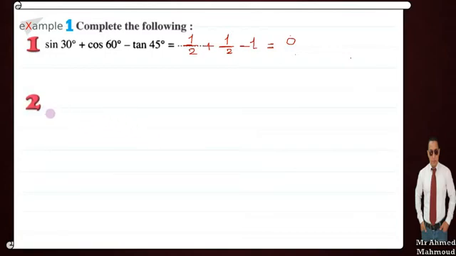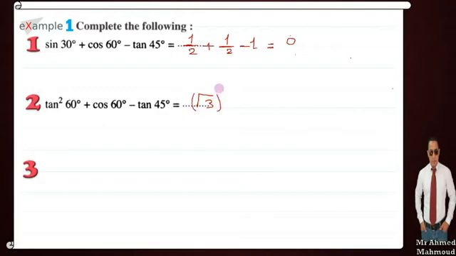Here we have number 2: tan squared 60 plus cosine 60 minus tan 45. Tan 60 equals the square root of 3, all to the power of 2.